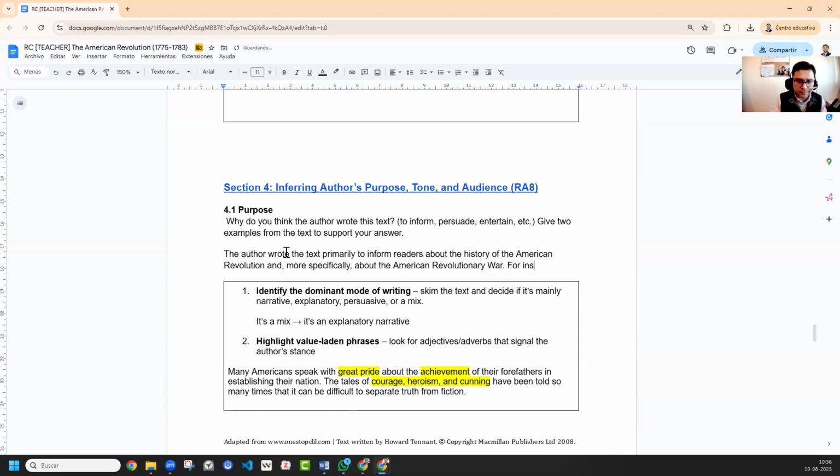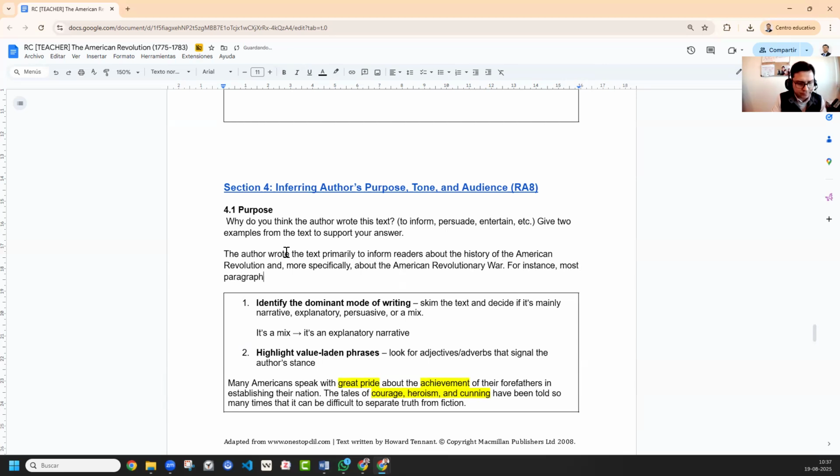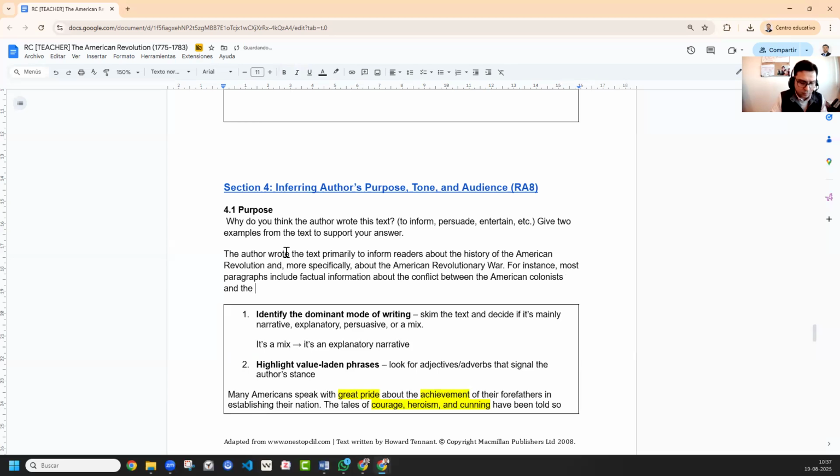For instance, most paragraphs include factual information about the conflict between the American colonists and the British Empire.